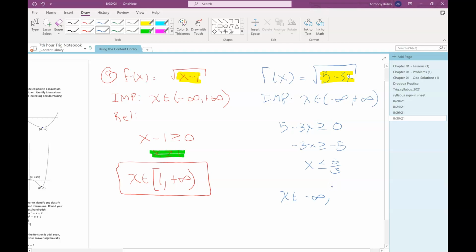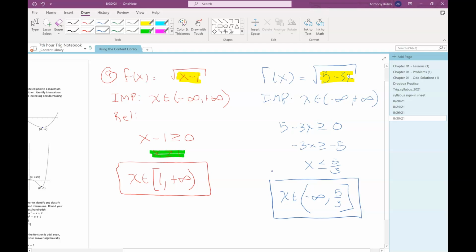And the biggest number here is 5/3 because it goes all the way up to 5/3, right? That's the biggest number. That's my upper bound. The infinity always gets a parenthesis. And because 5/3 is less than or equal to 5/3, that would get a bracket.